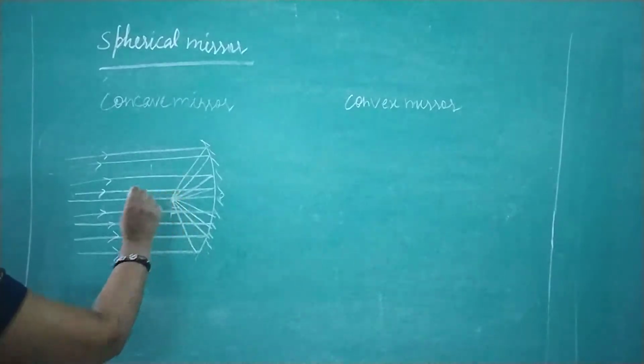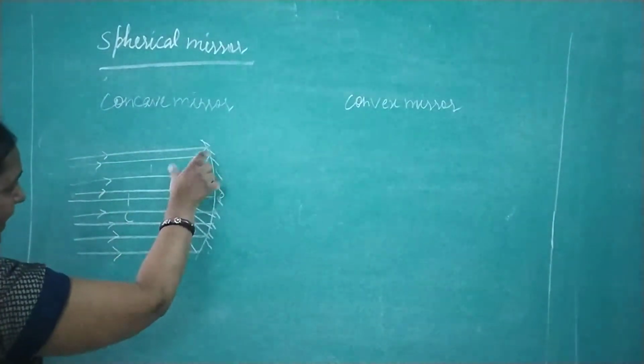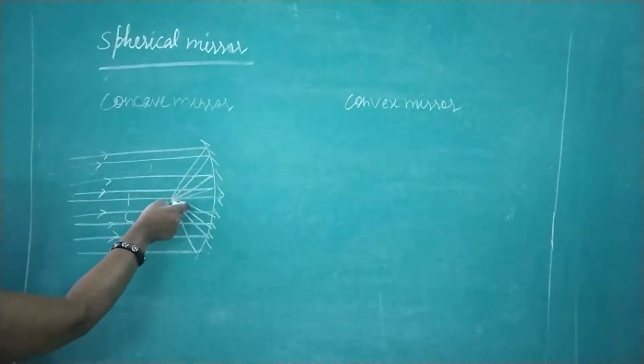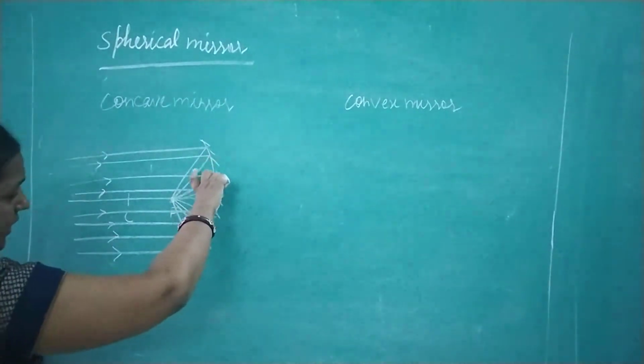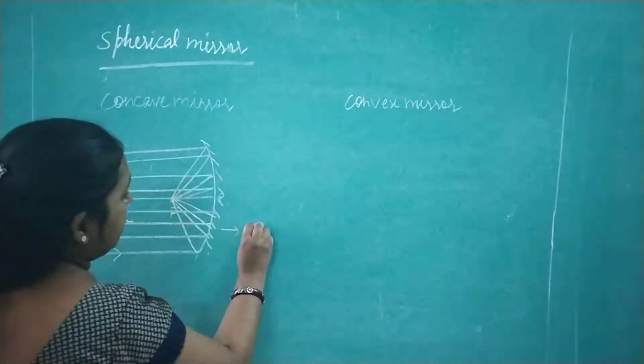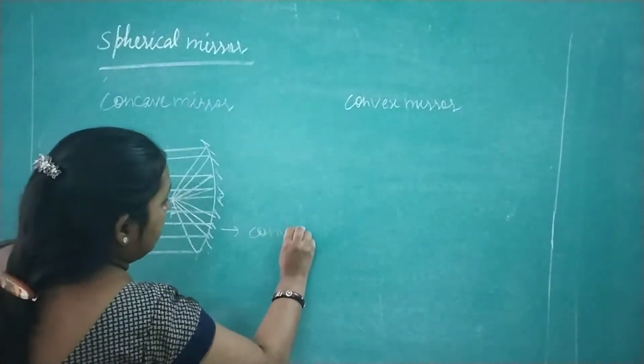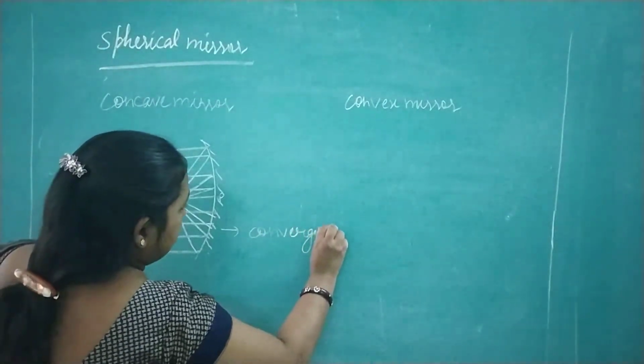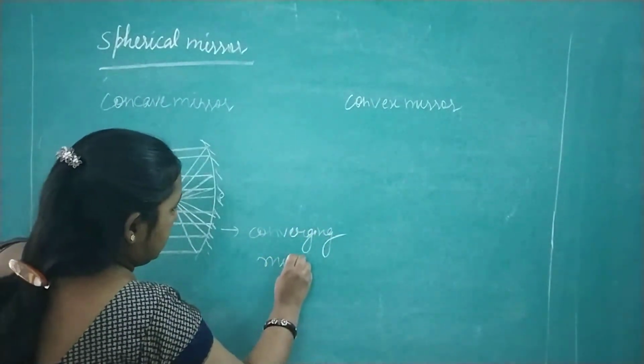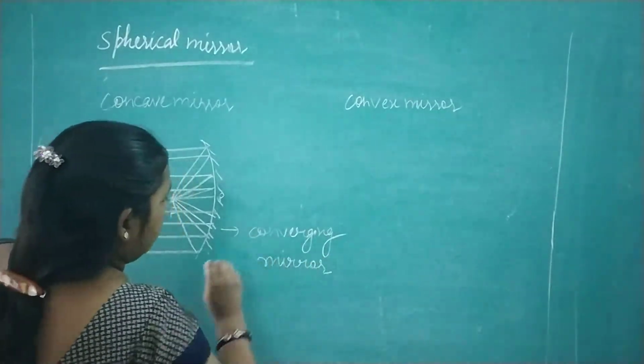Means अलग-अलग direction से light आई and after striking it will meet at one point. Means they will converge at one point. And this type of mirror is known as converging mirror.